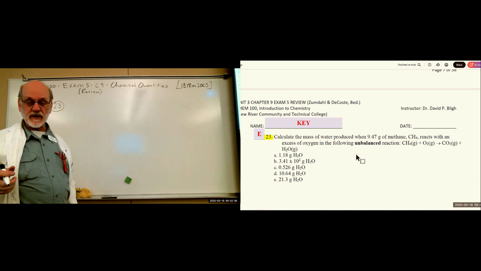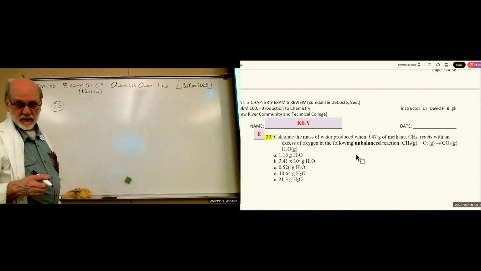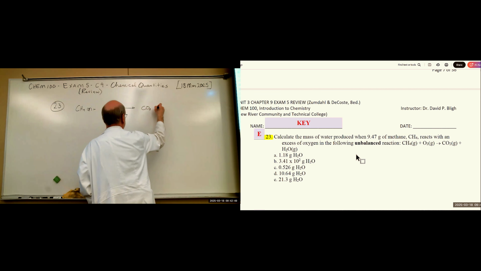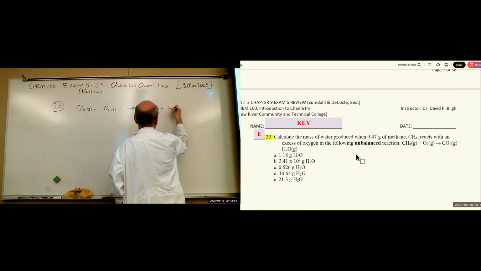Okay, so we got a balanced equation, but they've given it to us as is. We're going to combust methane and produce carbon dioxide and water. They want it to be liquid or gas? They want it to be gas. Okay. So we have to balance this equation.